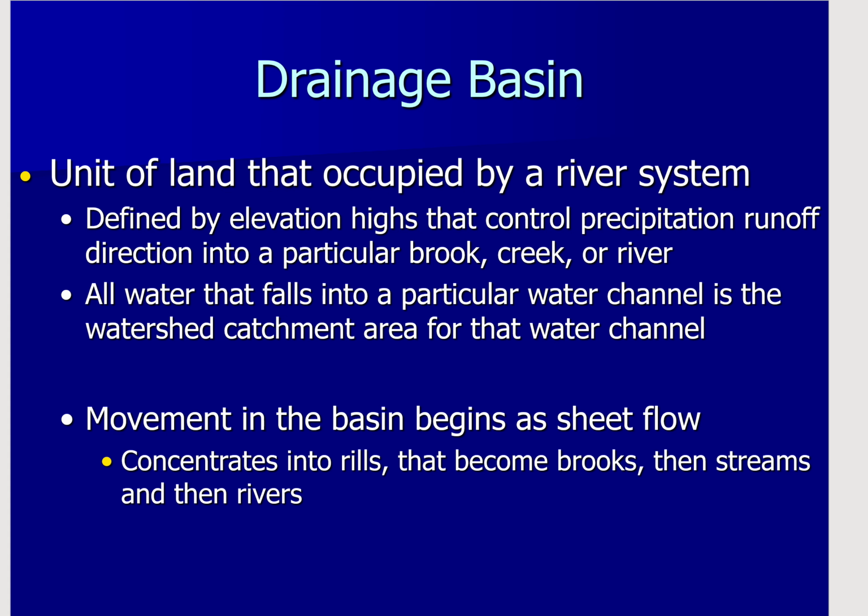So all of these little streams and brooks and rivers and big rivers all are catchment basins or drainage basins, and they're defined by high elevations that determine what side of a high point water in the form of precipitation runs off or falls towards. So if you've got a fulcrum at the top and a raindrop, it's going to fall to one side or the other side, and the side it falls on is the drainage basin for that side.